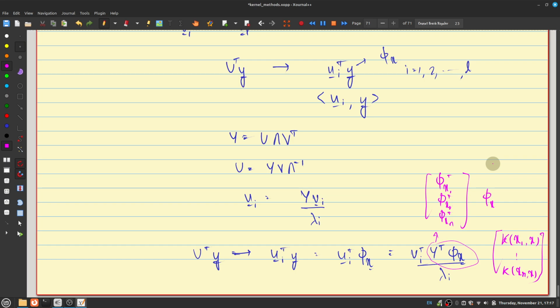Even though you're dealing with non-linear spaces, all of the operations you're doing are essentially matrix operations: SVD, in fact just eigen decomposition, and matrix multiplication, nothing more. The non-linearity is being introduced by the K, but you don't have to worry about this non-linearity. Okay, so let's stop here.